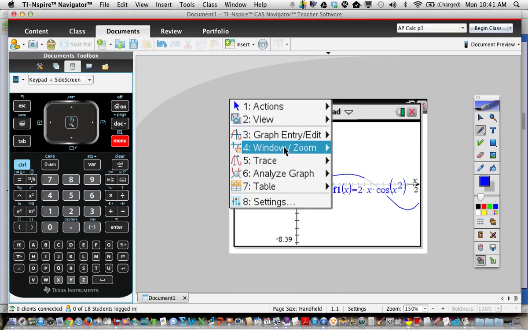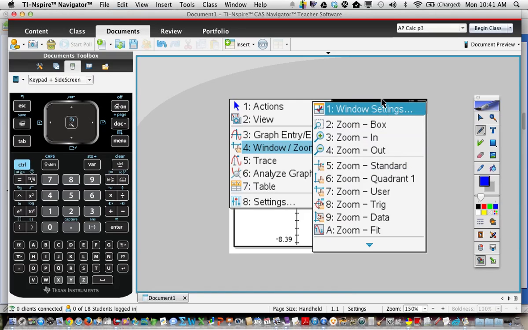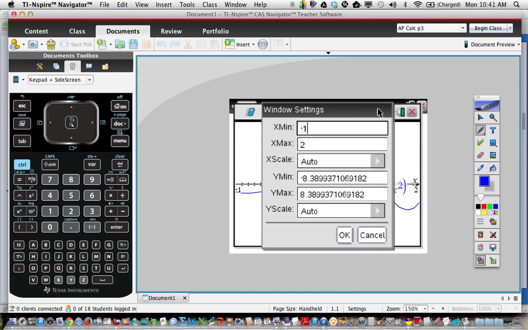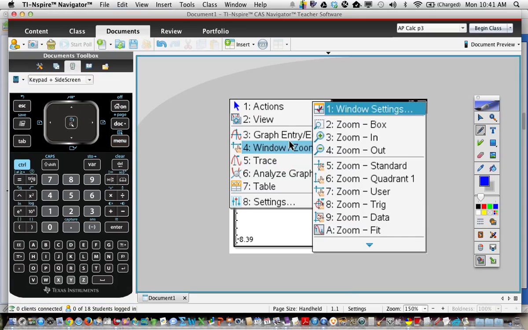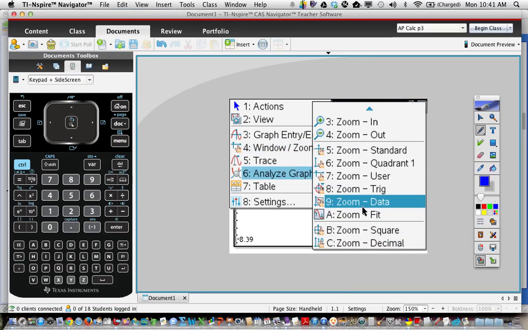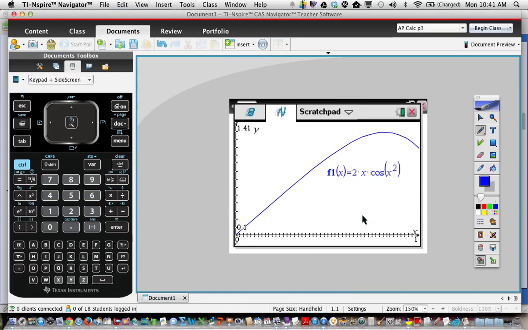Thought I did zoom fit. All right, is that what you're getting? Okay. Now, the nice thing about that is it's all positive.